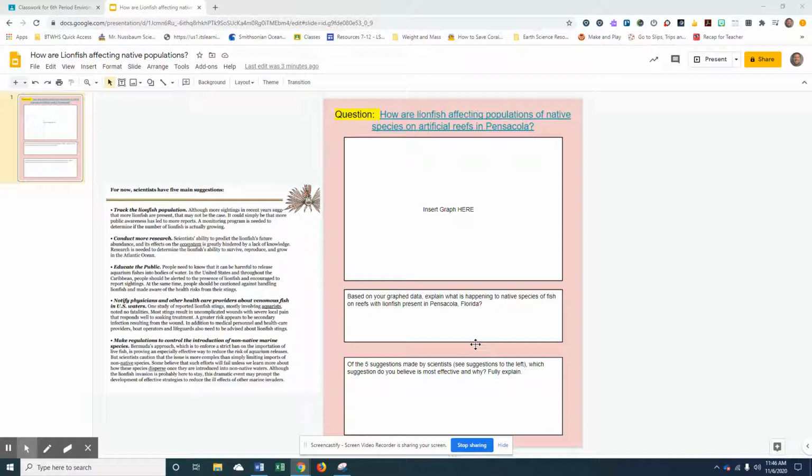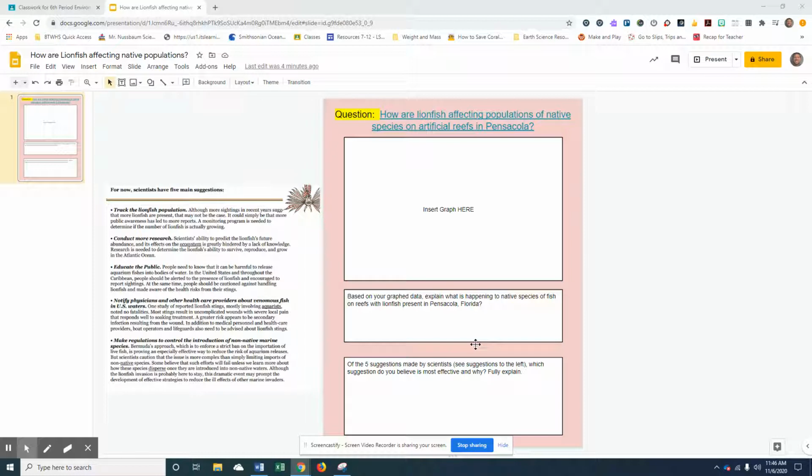As of now, we should have a good understanding of what an invasive species is. We know some examples of Florida invasive species, and we also know a little bit about the lionfish, particularly as it relates to their general characteristics and what they're doing to our local ecosystems here in Pensacola.